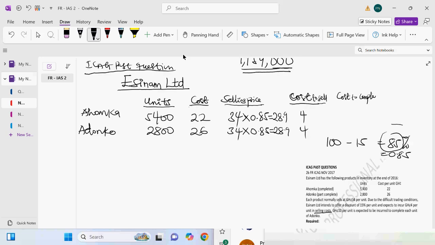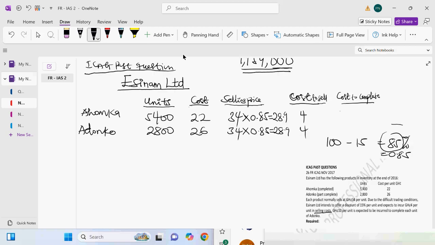How much is the cost to complete? That is also 10 CD per unit, and it's expected to be incurred to complete each unit of Adonko. So H&M intends to offer a discount of 50% per unit and expects to incur 4 CDs per unit in selling.